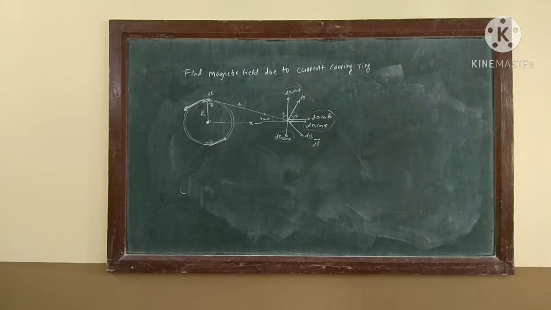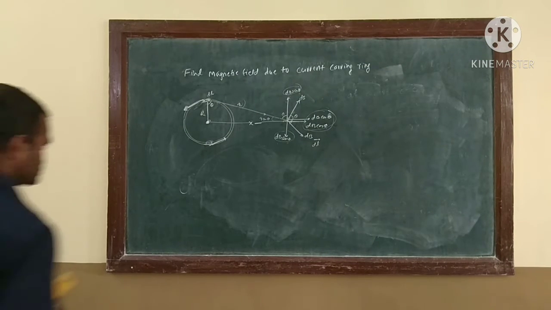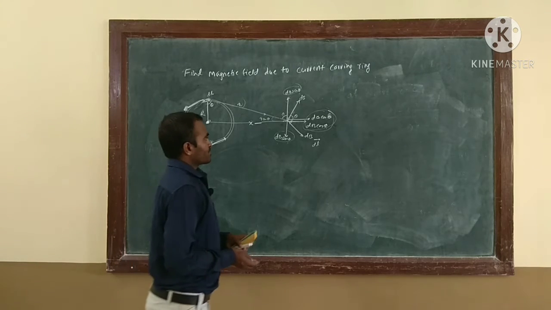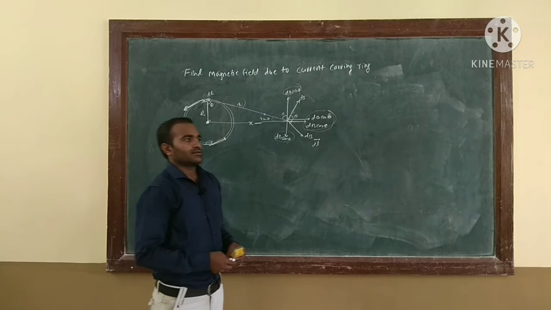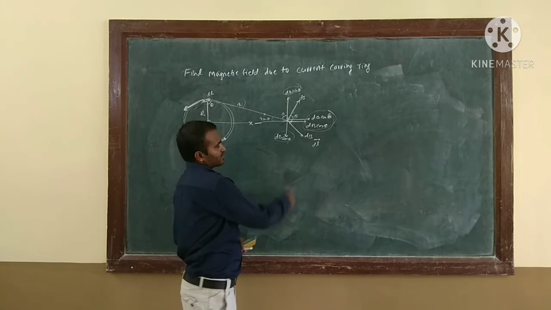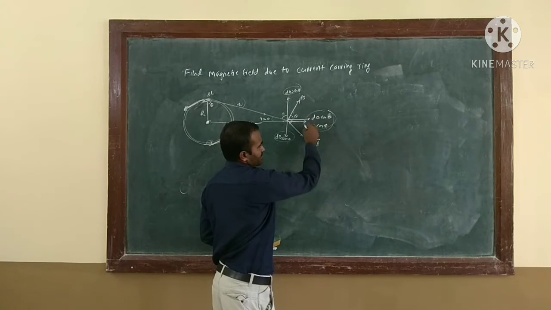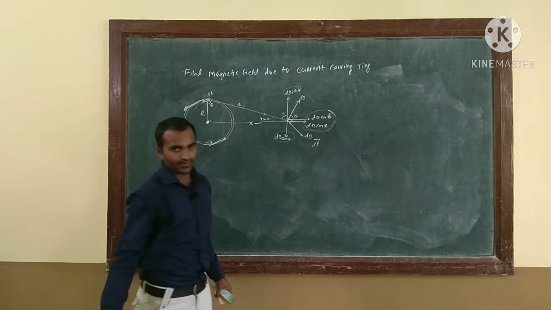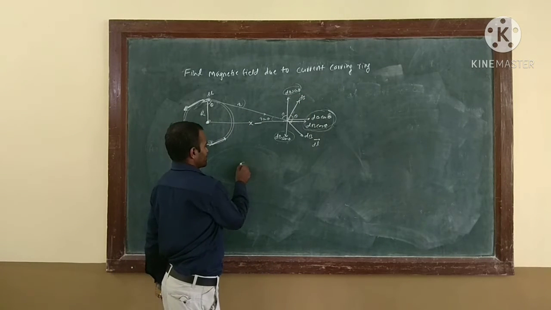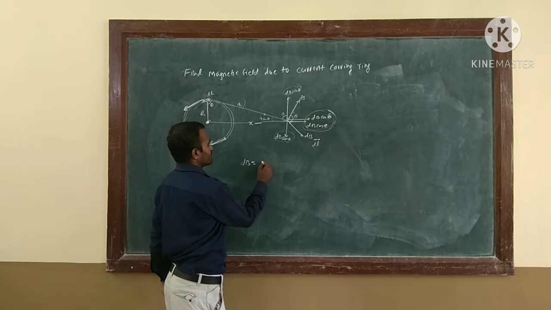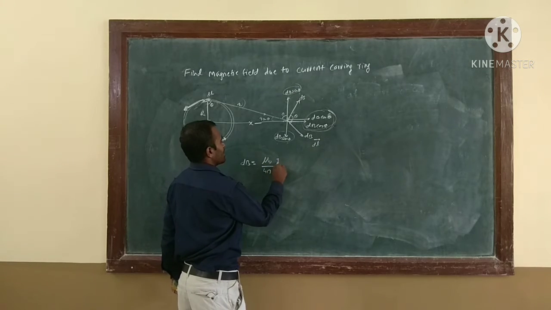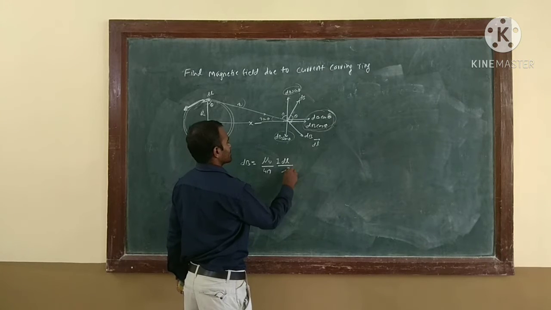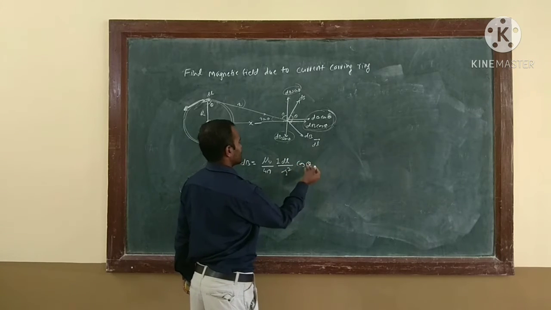So the sine components will be cancelled out. The magnetic field is only due to the cosine components. So dB is equal to mu 0 upon 4 pi, I dl upon r square, cos theta.